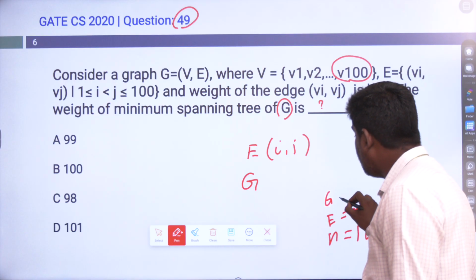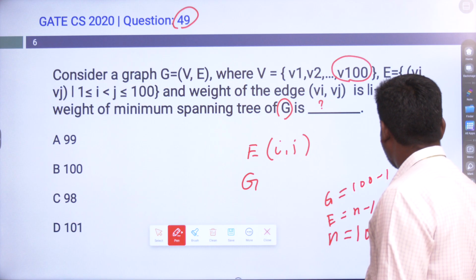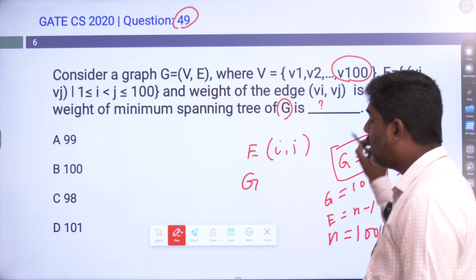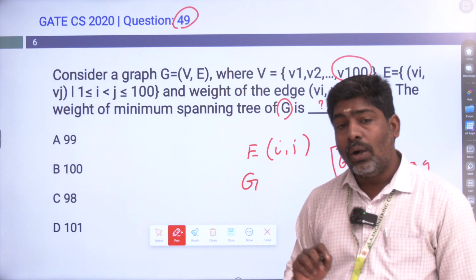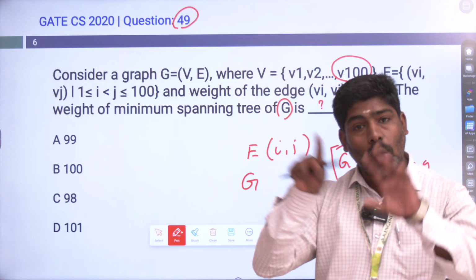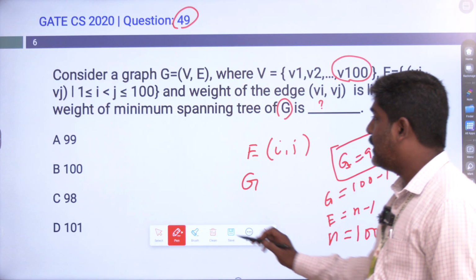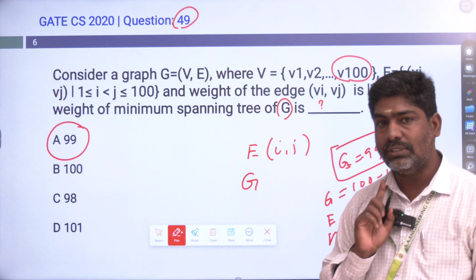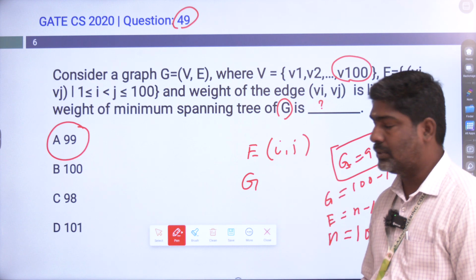So very easily we can calculate 100 minus 1 equal to 99. I mean that out of 100 vertices with the minimum cost 1 for each, the answer is nothing but 99. This is a simple solution for this first question.